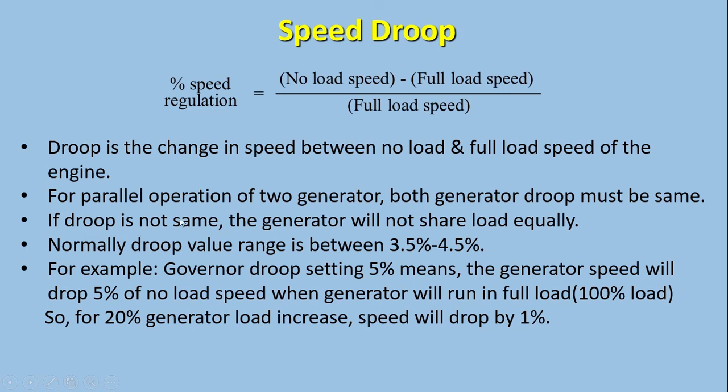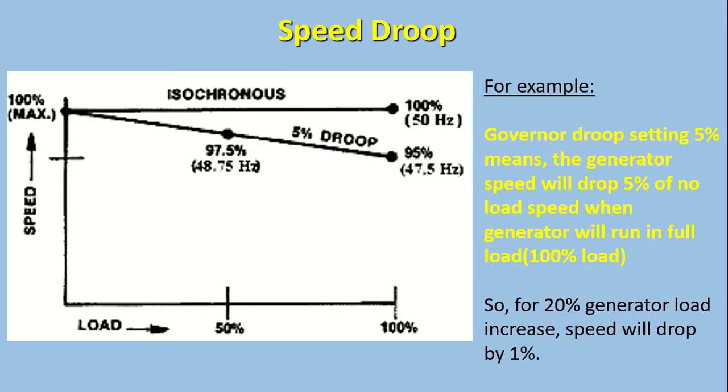If the droop is not the same, the generators will not share load equally. For example, if the governor droop setting is 5%, the generator speed will drop 5% of no load speed when the generator runs at full 100% load.